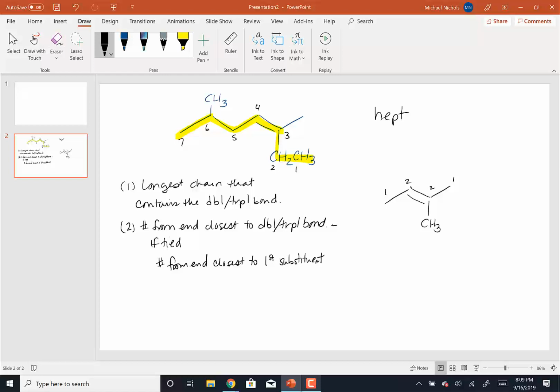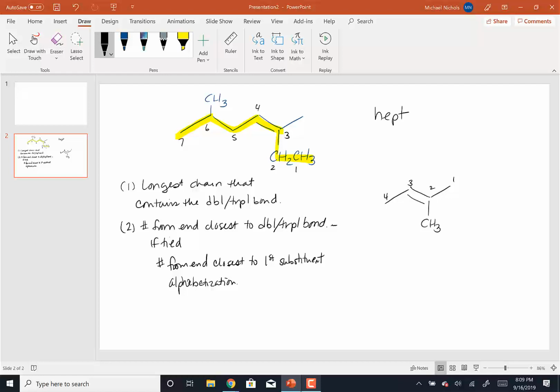And then if we have a tie there, then we use alphabetization to break the tie like we do in a normal alkane. So in this case, since this is tied, going 1, 2 to find a double bond, 1, 2 to find a double bond, the methyl group is closer, so we would number it from right to left.